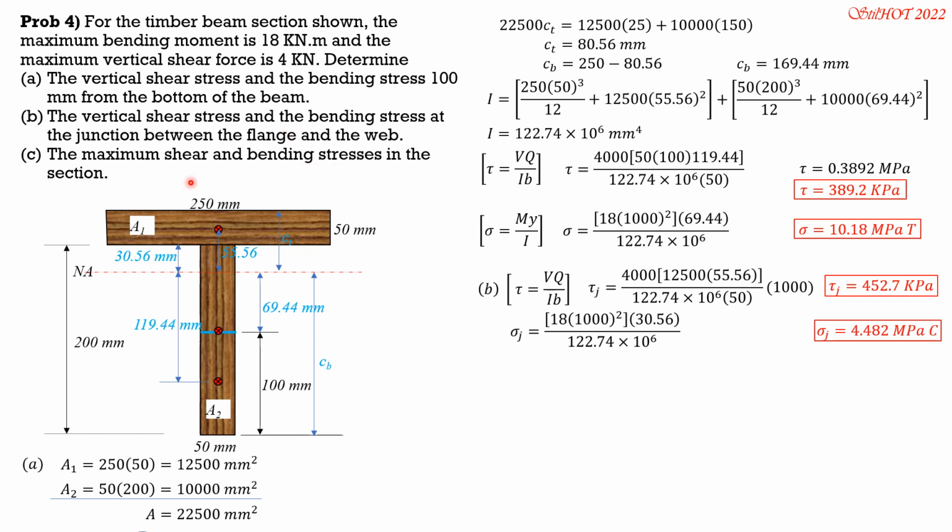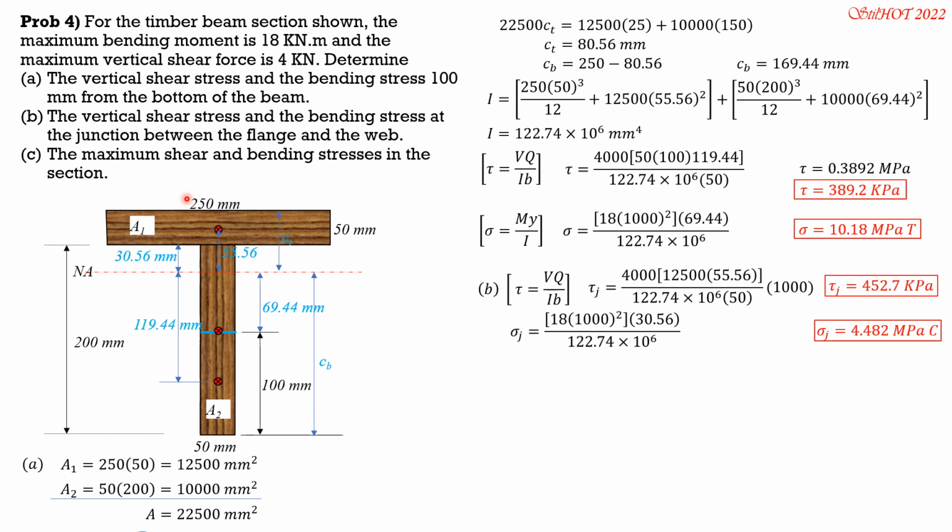For maximum shear, it occurs at the neutral axis. And again, there are two areas, one above the neutral axis and the other below. So the simpler area would be this area below, so we will use this for Q instead of the area above, because there are two areas involved.